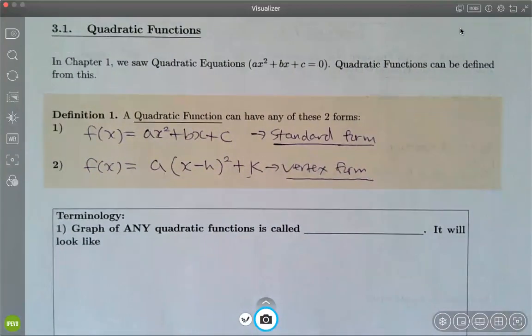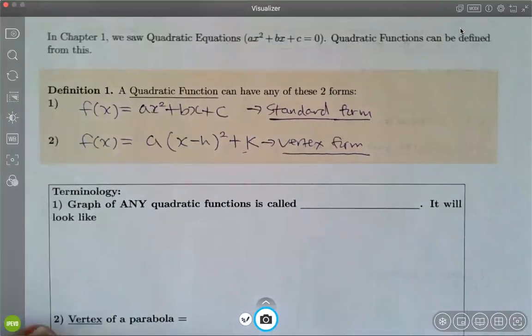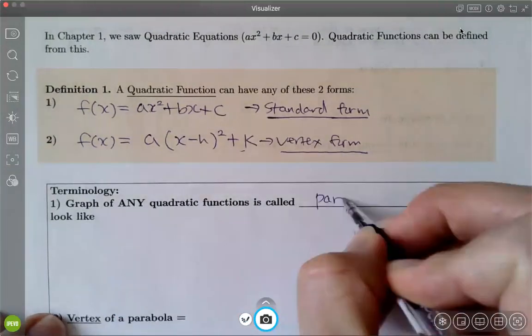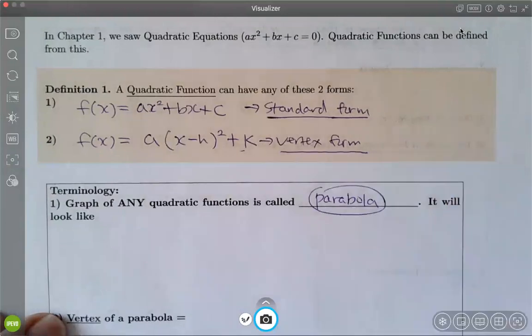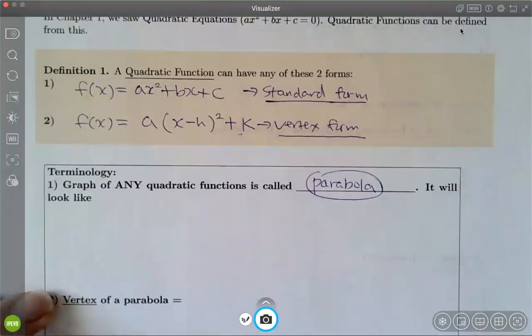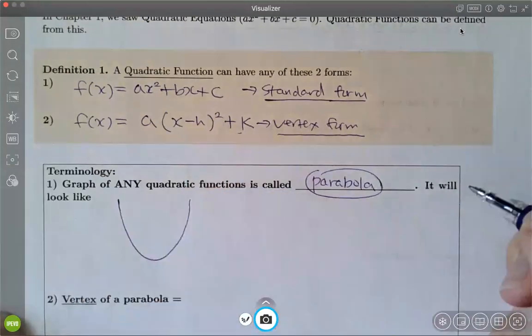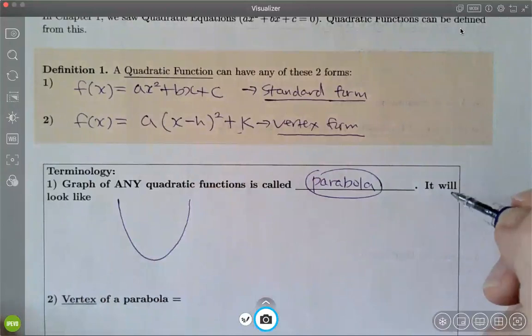Now, let's define some terminologies. The graph of any quadratic function is called the parabola. Okay, so we have mentioned this a few times in the past. How does the parabola look? U shape. Okay, but that's not all, there's another kind.